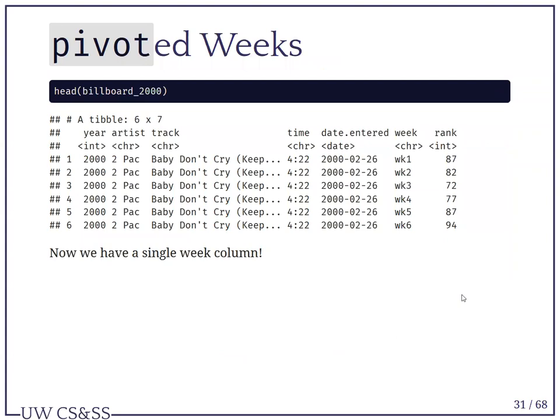Now when we look at the pivoted weeks, we have a single week column, and each row tells us the song week information. So like week 1, Baby Don't Cry by Tupac was rank 87. And then week 2 for this song, it was rank 82, and so on.